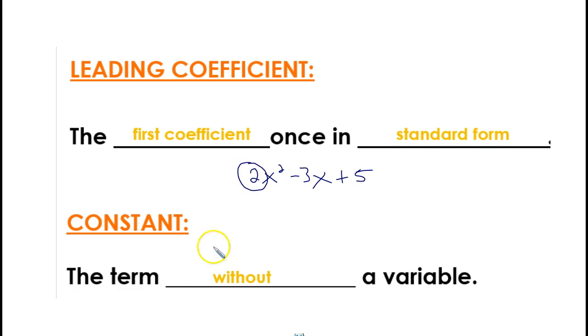The constant is the term that does not have a variable attached to it. So any term, any part that doesn't have a variable is called a constant term. So here we have a leading coefficient of 2 and a constant of 5.